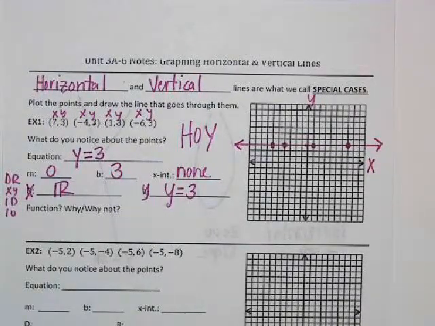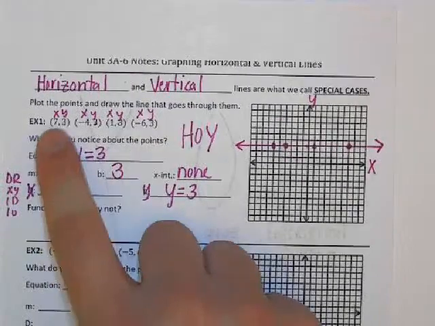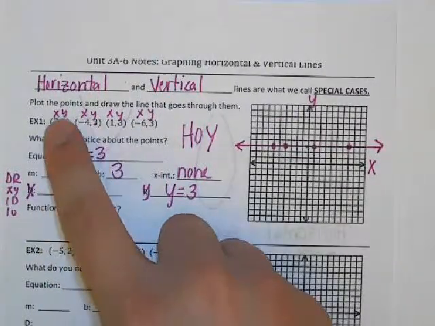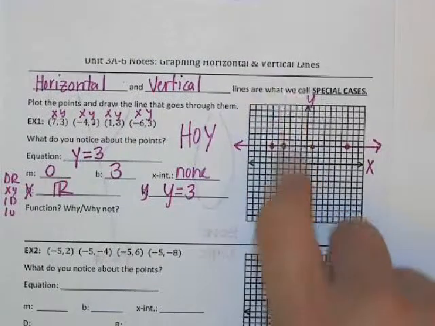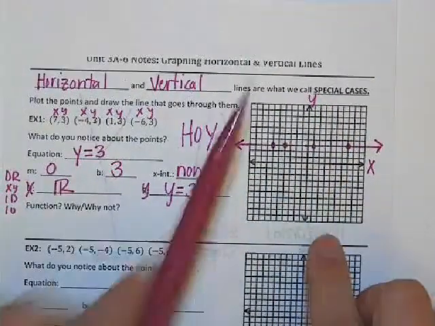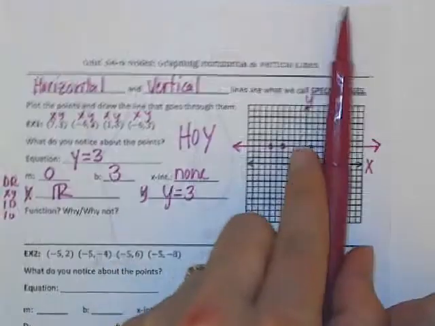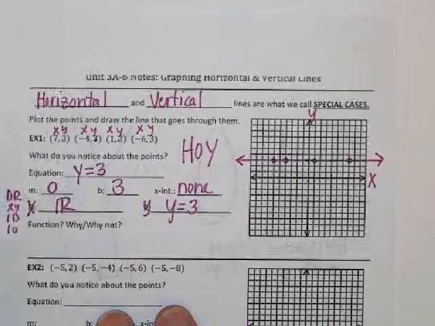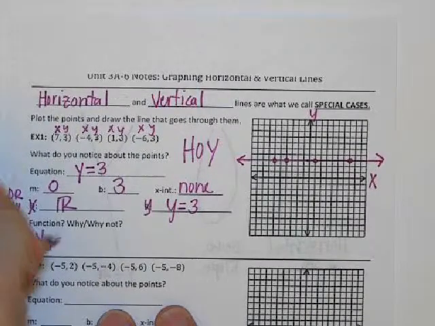Is it a function? How do I determine if it's a function or not? If the x's repeat. I can look here and see if the x's repeat, or I could do the vertical line test. Would it pass the vertical line test? If I drew a vertical line anywhere, it would only touch the line once. So yes.